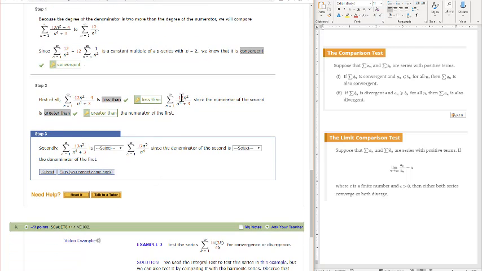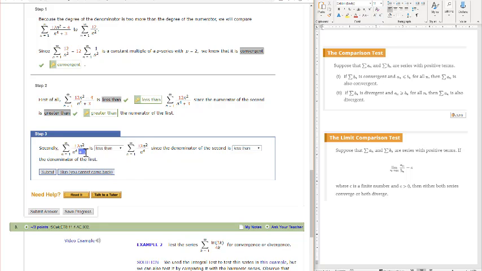Alright, now we've broken it down to this. This is now going to be less than or greater than this. So it looks like the denominator here is bigger than the denominator here. So if you have a larger denominator, that's usually going to be a lesser fraction, since the denominator of the second is less than the denominator of the first.